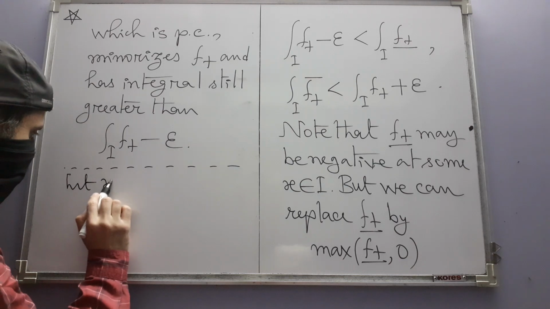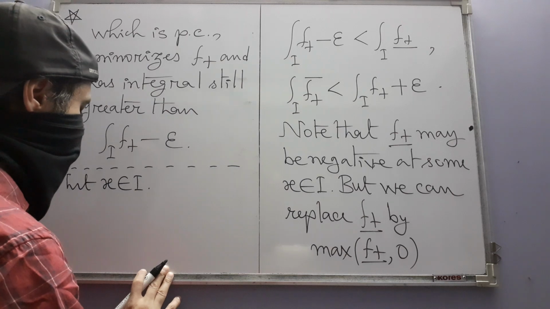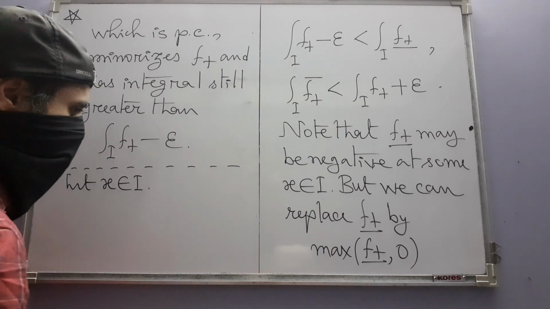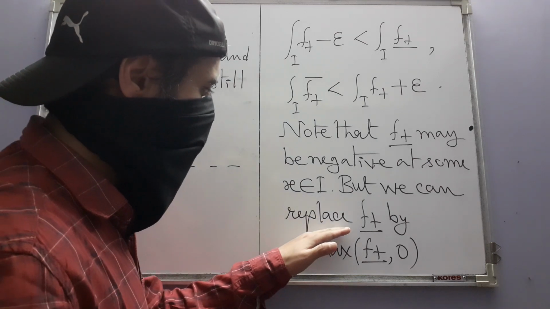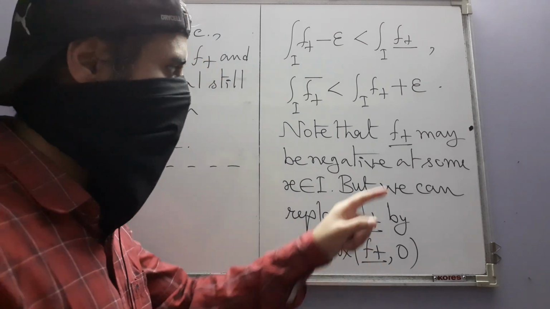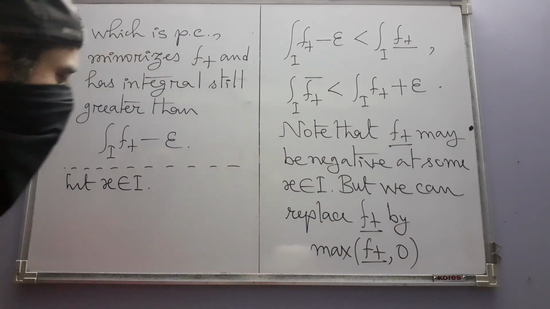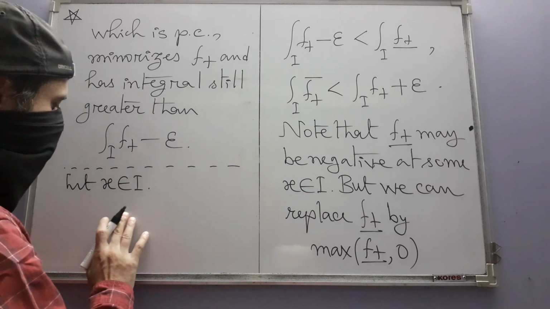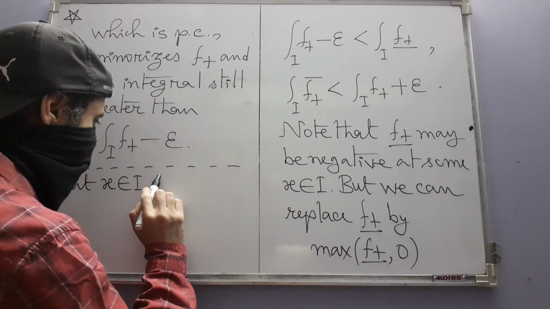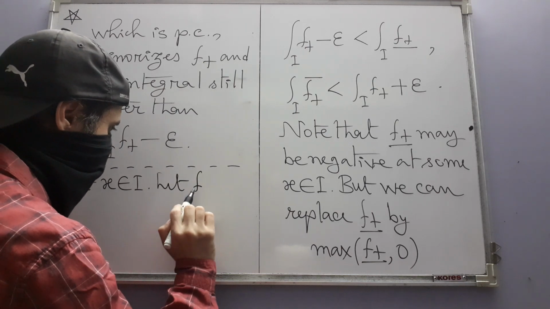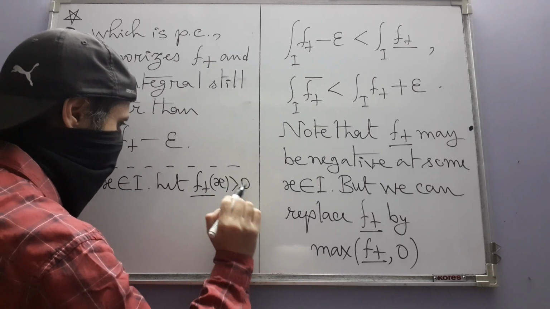Let x be any element in I. Now, why did we start doing this? That's because f plus underscore may be negative at some inputs. Let's consider first the case where it is not negative, it is non-negative. Let f plus underscore at x be non-negative.